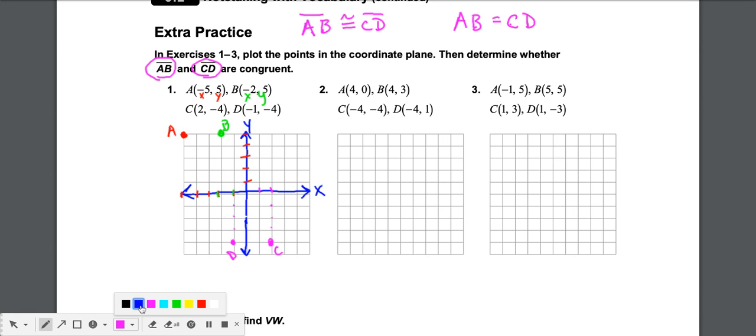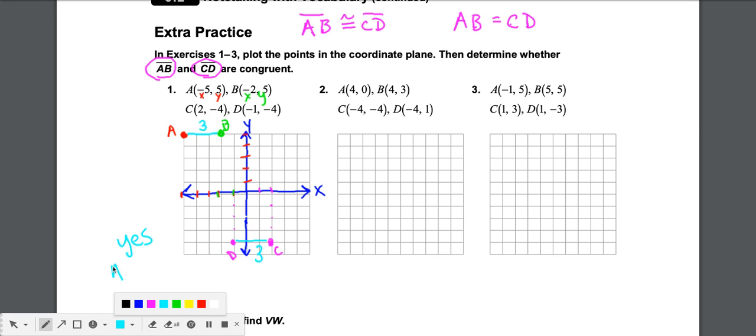You know what I can do is actually connect these. Like this, I can connect these two, and like this, I can connect these two, and say this is a line segment from A to B. This is going to be 3 units long, so I could label that with a 3. And this is also going to be 1, 2, 3 units long. Label it with a 3, and as part of our answer on this one, we would say yes, it is congruent.